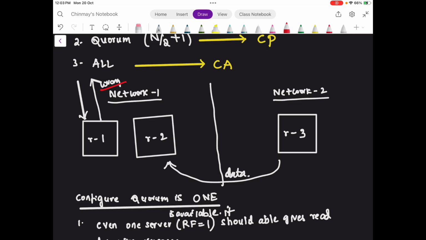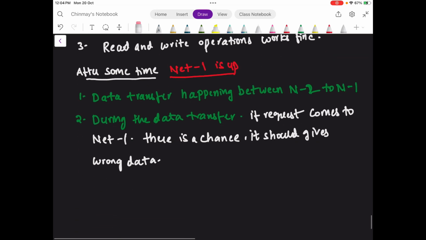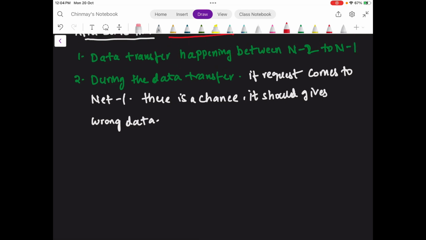It is eventually consistent, and since the quorum level is 1, it definitely gives a response, but it may be a wrong response. Consistency is compromised.